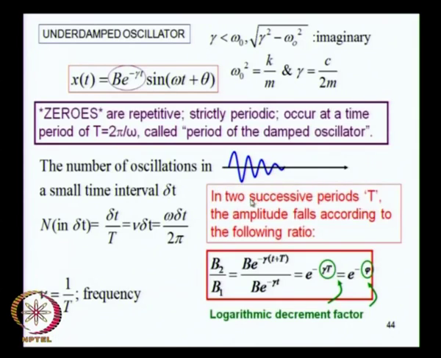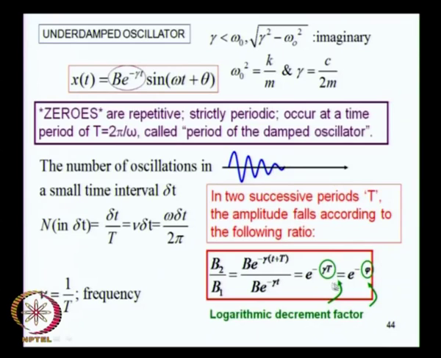You can also ask, over 2 successive periods you go from here to the next point and from here to the next point, okay? And over this period you see that the amplitude has fallen, and you can ask by what factor has it fallen, and this is the corresponding factor, because this amplitude which is B times this factor at the next cycle divided by the corresponding factor at the previous cycle is what I call B2 over B1, and this is just B times e to the power minus gamma t, but here the argument is t plus 1 period, whereas here it is just minus gamma t.